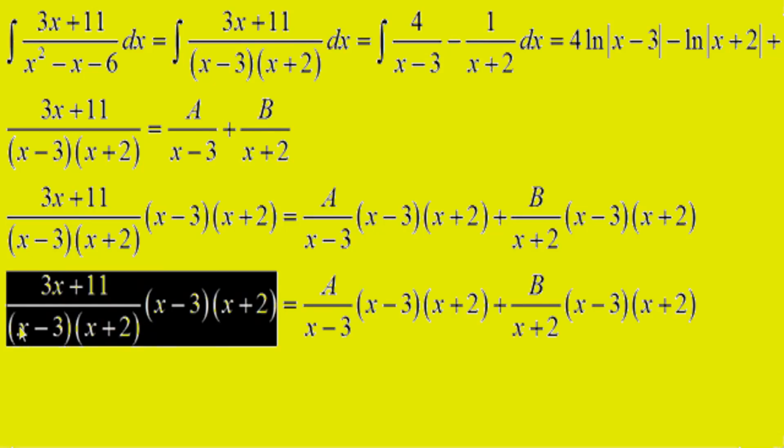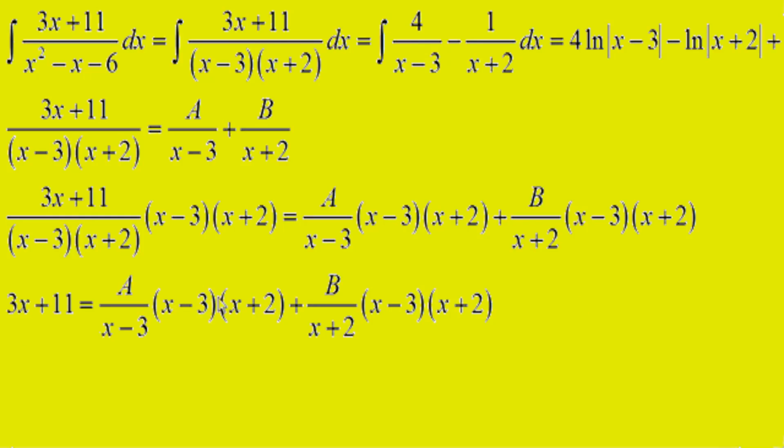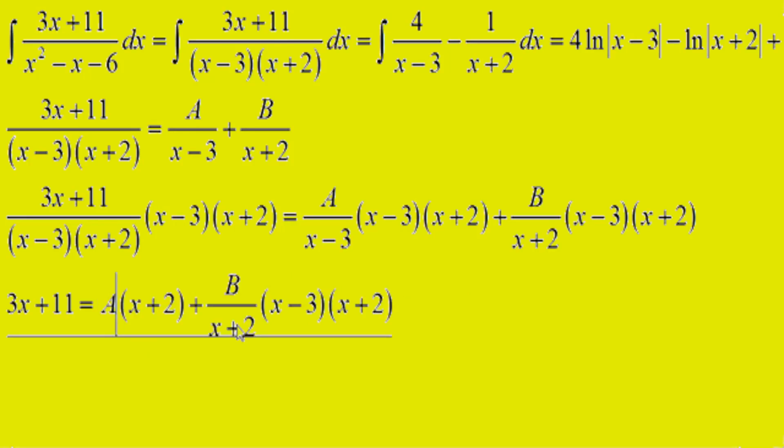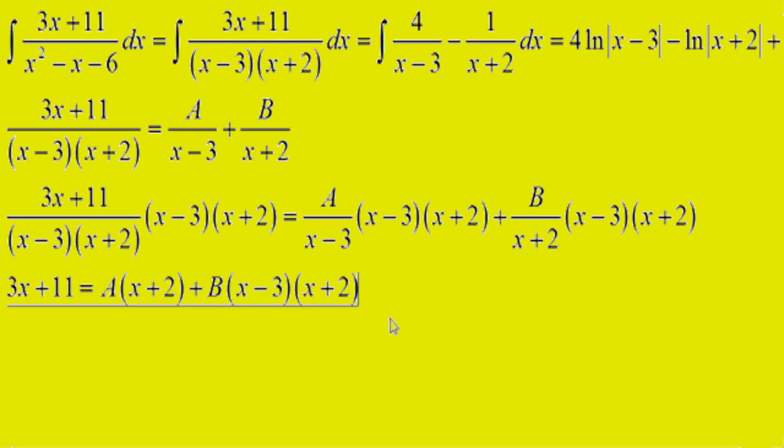This all cancels to just 3x plus 11. This x minus 3 cancels with that one, and then we just get A. This x plus 2 cancels with that one, and we just get B. Now, there are two ways to do this.